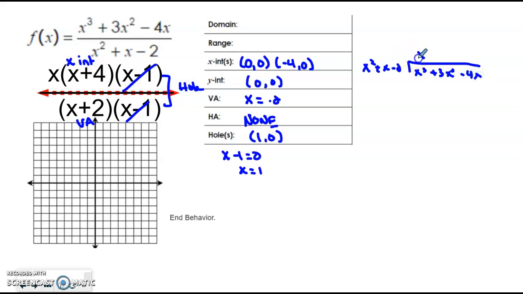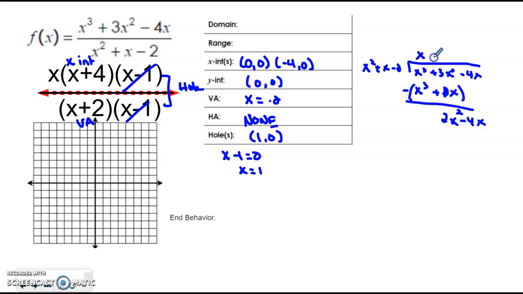So I do get x, and then I got x cubed plus 2x squared. If I subtract those, that's a 1. Sorry about that. It's a 1x. So x cubed minus x cubed is 0. 3 minus 1 is 2x squared minus 4x.